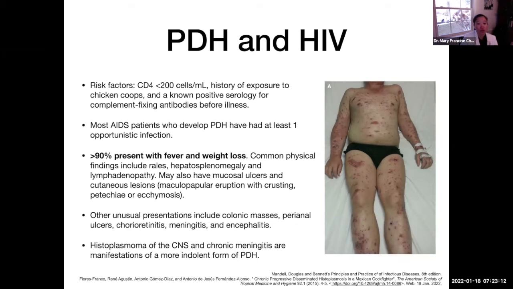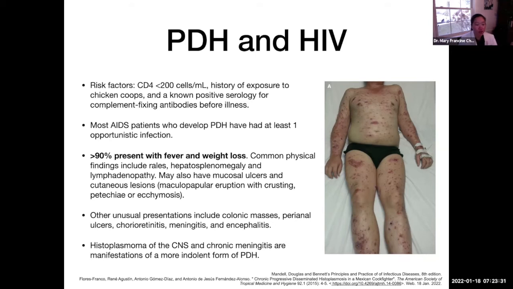Most patients, though, who do develop PDH have had at least one opportunistic infection. So, they've already established themselves as being immunocompromised, essentially. And 90% of them will present with fever and weight loss.